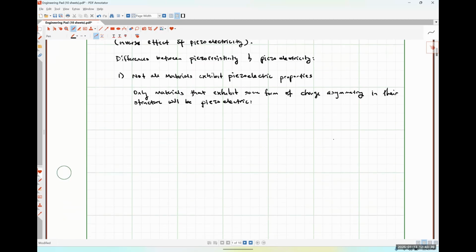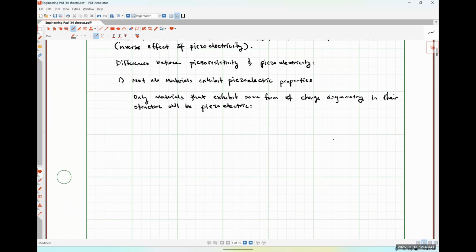So for example, we might have a crystalline material. And I'm going to attempt to draw something here that hopefully won't be too terribly bad. What I am attempting to draw here would be a body-centered cubic crystalline structure.